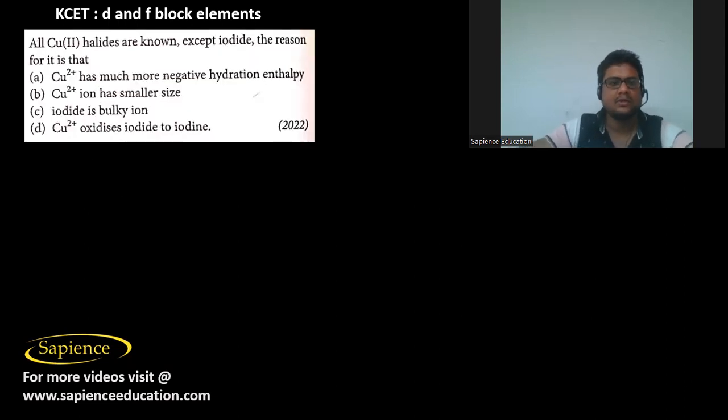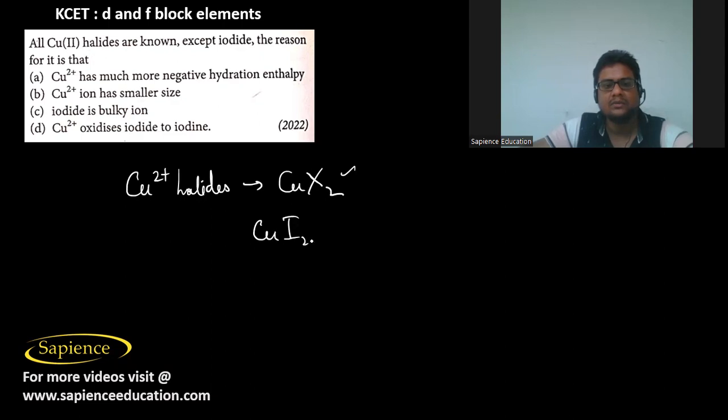Then it is told all Cu2+ halides, copper 2 halides. It means here the valency of copper is 2, so it is in the Cu2+ state. Now copper 2 halides means that they are of the form CuX2. So copper 2 halides are known except iodide, meaning CuI2 is not known.